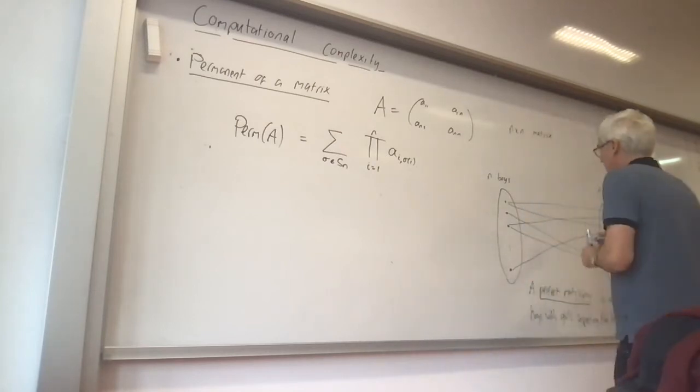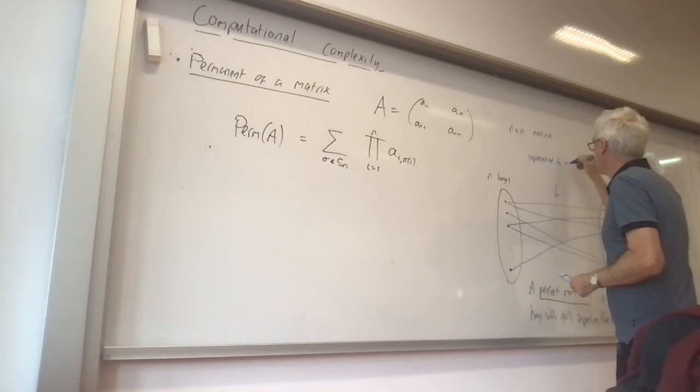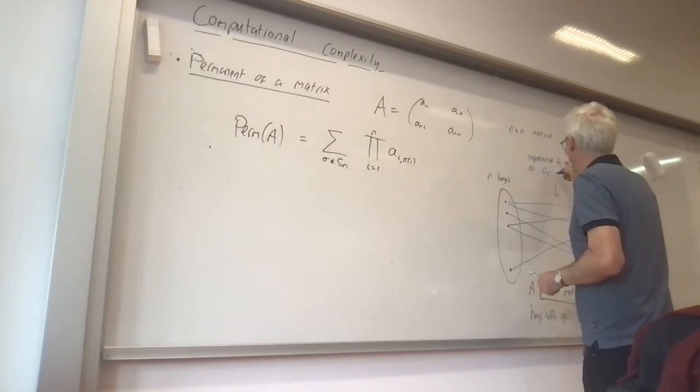So this can be represented by an n by n matrix of zeros and ones.